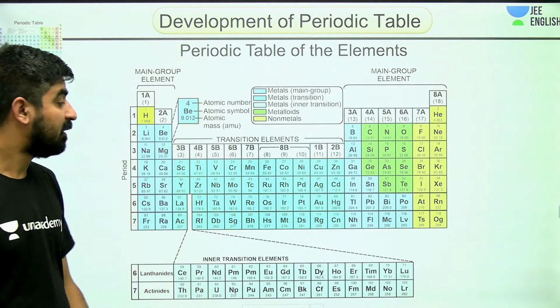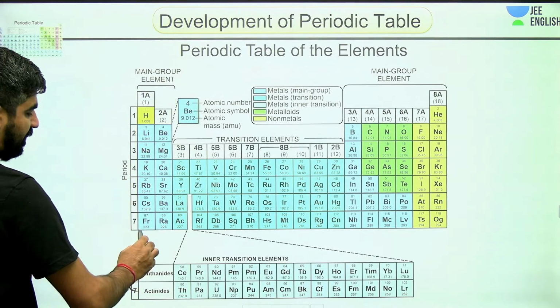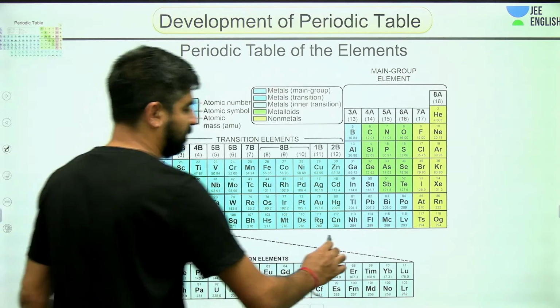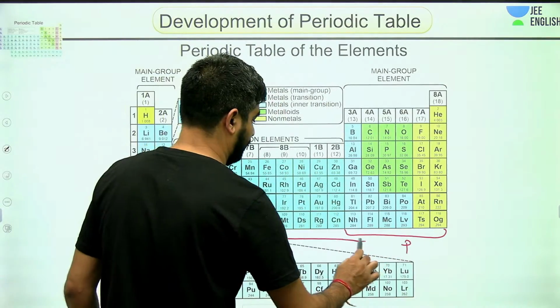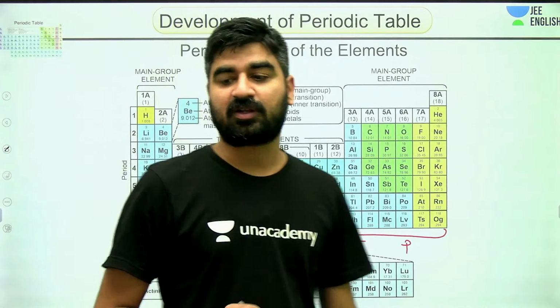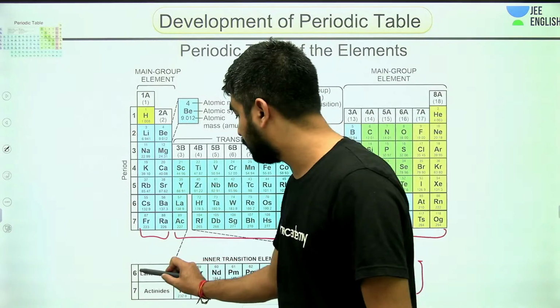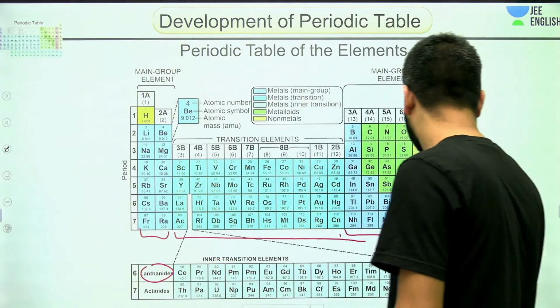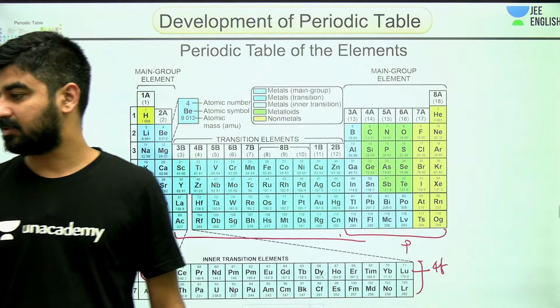Got it? So if this periodic table is looking like it, guys, here we have S block elements, here we have P block elements, and here we have D block elements. So that classification we are going to do now, and these are called F block. So these are lanthanoids, 4F series, and these are actinoids, 5F series.